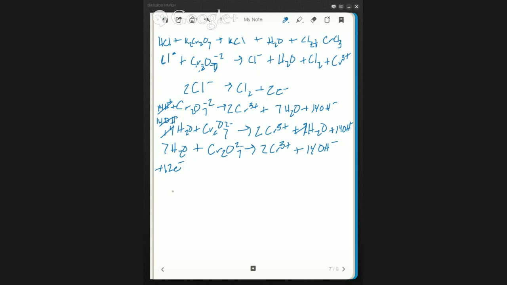So let's take a look at what we have. I have this, which is going to stay just as it is. And I have this, which I'm going to have to multiply to get 12 electrons. Multiply by 6. So I have 12 Cl minus, which is going to yield 6 O2 plus 12 electrons.